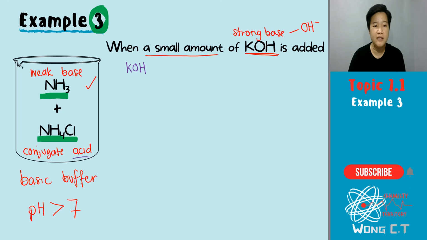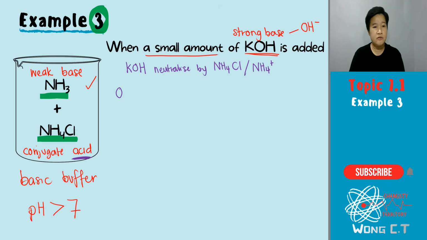Certainly, your conjugate acid. Base will always be neutralized by the acid. Acid will always be neutralized by the base. Common sense, right? So, your KOH will be neutralized by your NH4Cl. Okay? Or, you can write it as NH4 plus. Same thing, it's the conjugate acid.